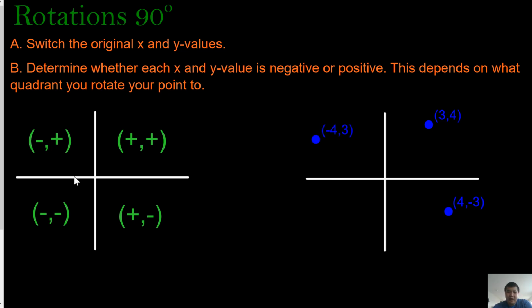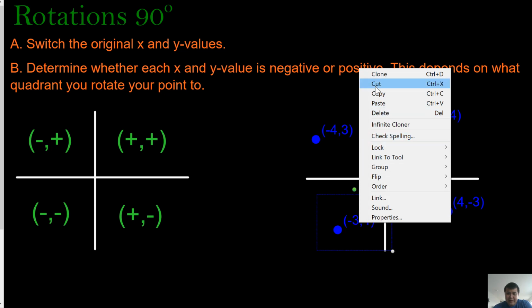Finally, let's say we wanted to go another 90 degrees counterclockwise. So we go from here down to here into quadrant 3. Again we would switch the x coordinate and the y coordinate, so we go back to 3, 4. Both coordinates are going to be negative, so it would be negative 3, negative 4 right here. Oops, that's not right.